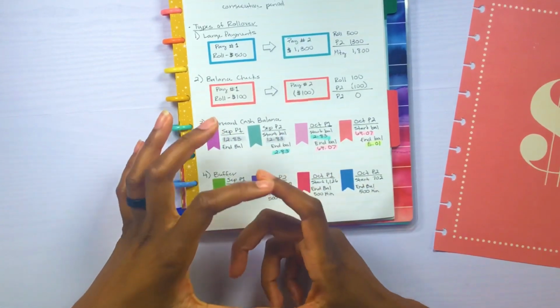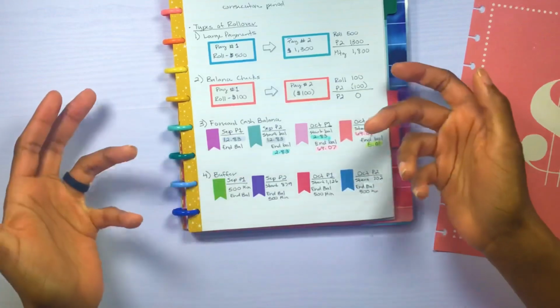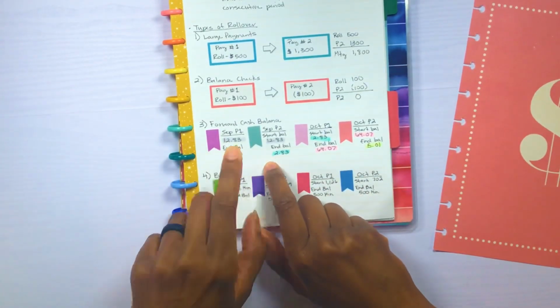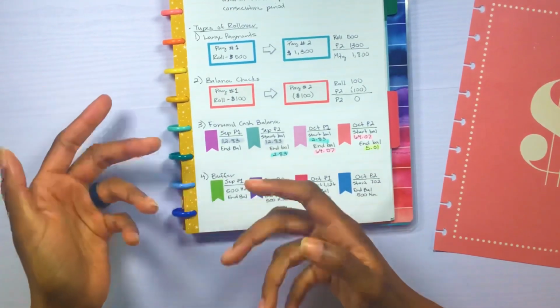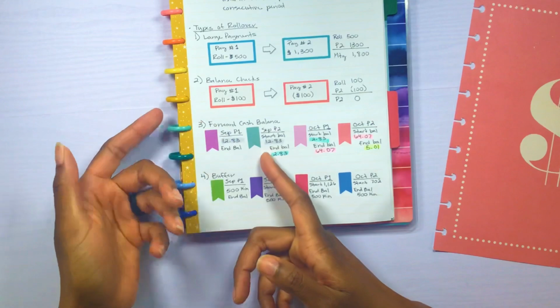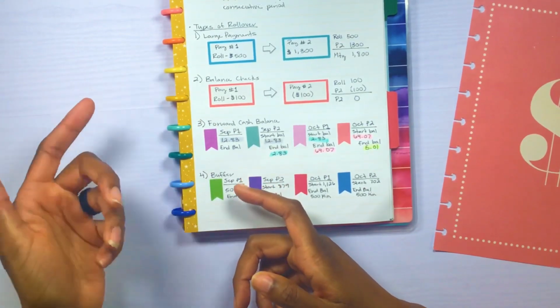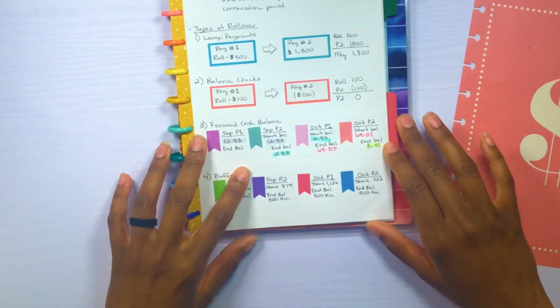I like to start literally at $0 in my account because it's easier for me to reconcile, versus if I had money in there as a starting balance every time. For me, that's a little bit more work because I have to constantly remember that, oh yeah, I had a little bit of money in my account to start with. And for me, that's just way too much work.